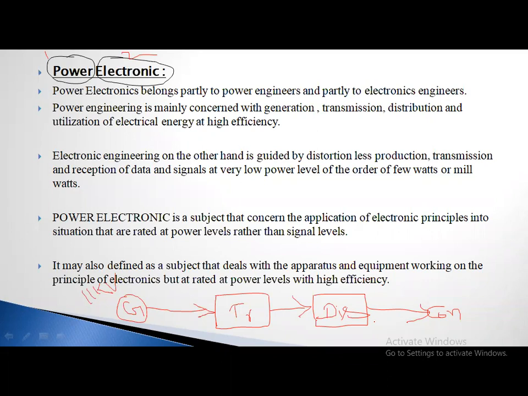Is it clear? In the generating station, we are getting AC. In order to transfer high power in the form of AC to the consumers over long distances, what will happen?